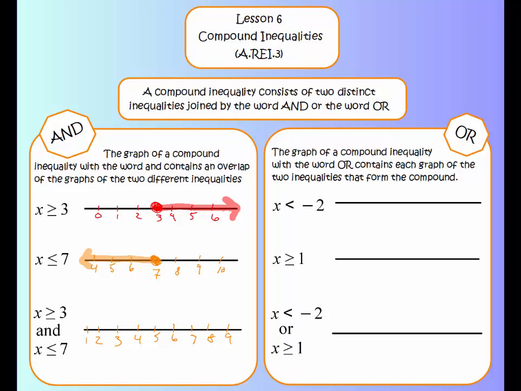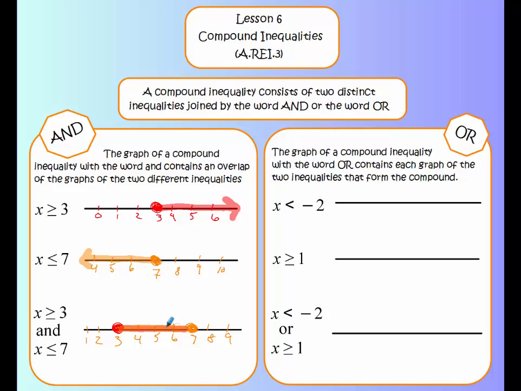I'll put the closed dot at 3. We already know that that's what's going to happen. We also know that there should be a closed dot at 7. Now from 3, I would be going to the right, this way. And from 7, I would be going to the left, so this way.